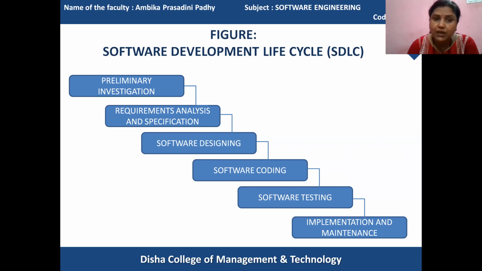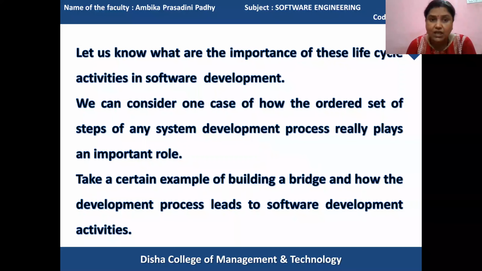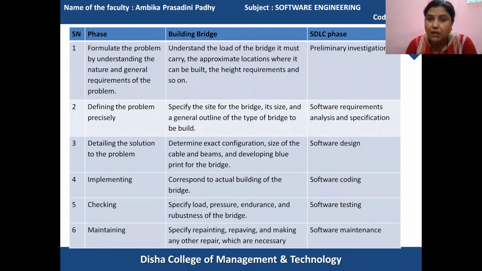At first, we are doing the preliminary investigation action. When we are doing preliminary investigation, we can view an example, which we have already discussed. Suppose we have a bridge to build, then we have a requirement of collecting all the needs for the bridge. For developing a bridge, what are the general requirements? We are collecting them at the beginning.